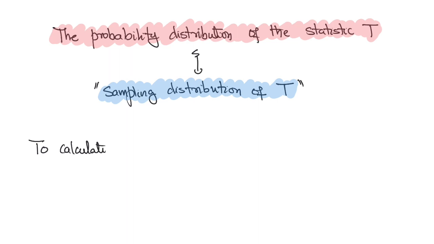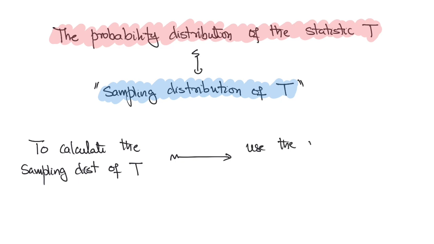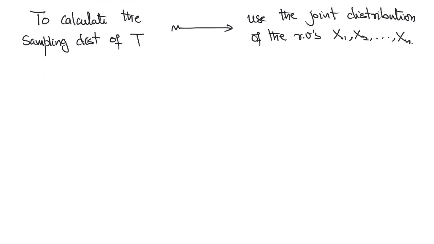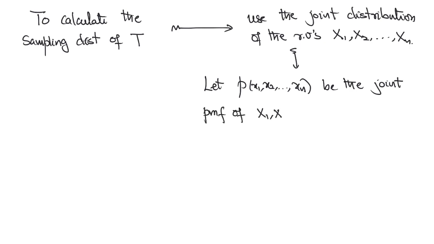To calculate the sampling distribution of T, we will use the joint distribution of the random variables x1, x2 up through xn. Now, if p is the joint PMF of x1, x2 up through xn, we are assuming that our random variables are discrete. Therefore, we talk about the PMF.